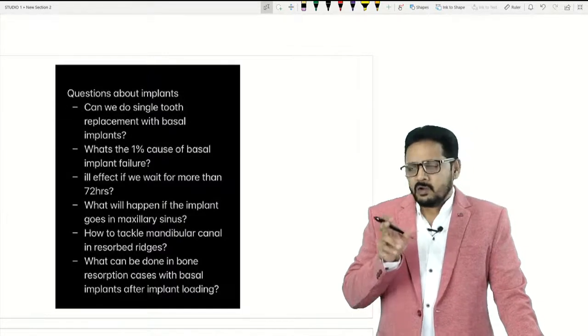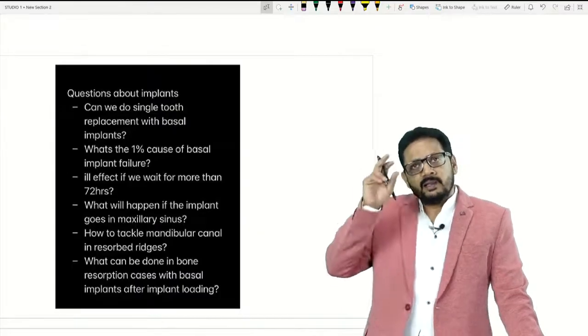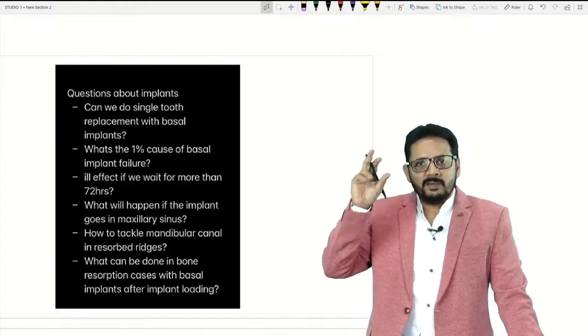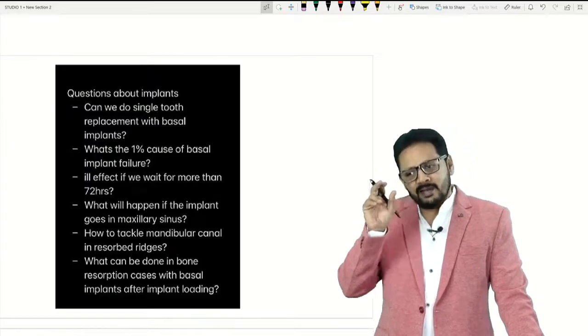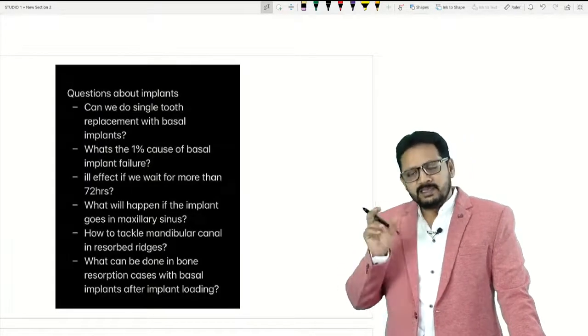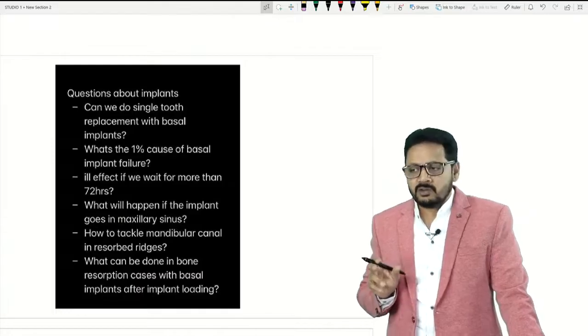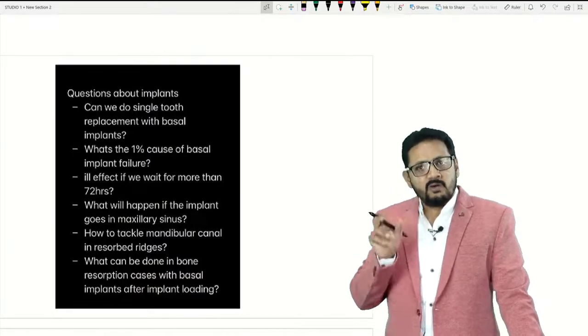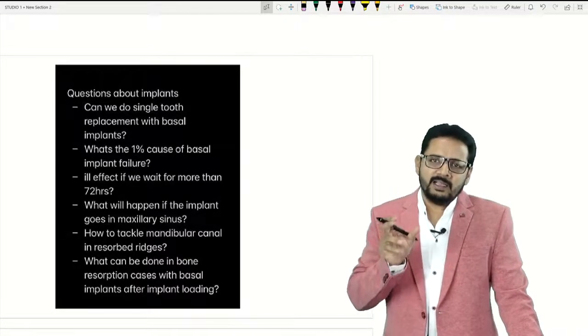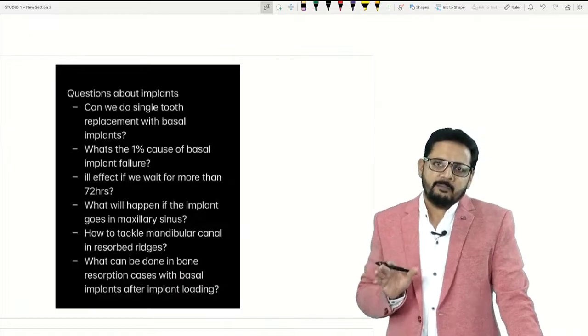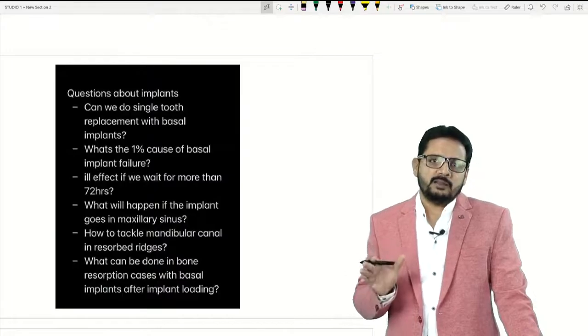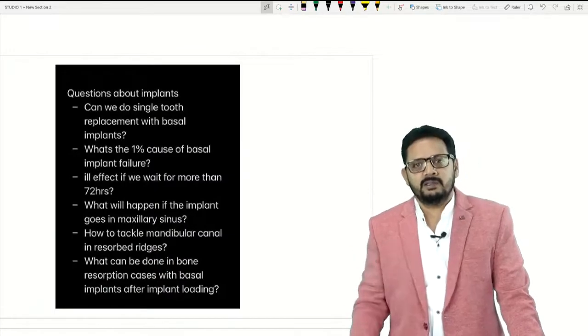As I already told you, in cancellous bone there is osteoclastic activity within 72 hours, whereas in cortical bone it is exactly the reverse: there is more osteoblastic activity. So to take maximum advantage of it, it is imperative that you load the implants within 72 hours.